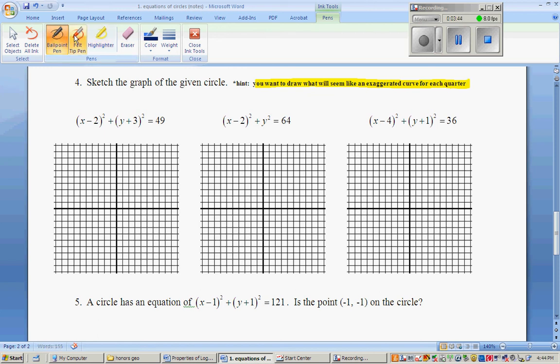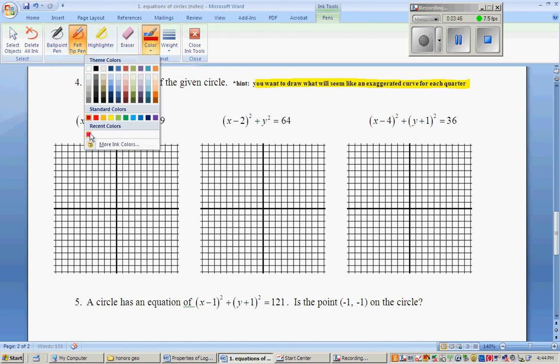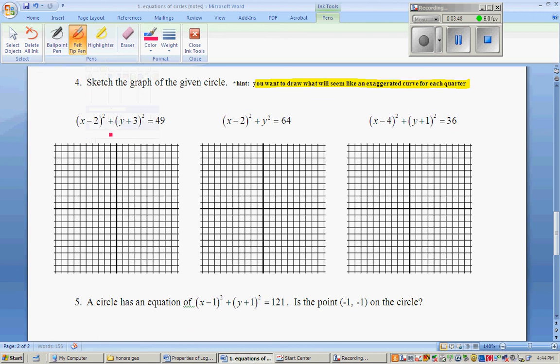So I'm going to use a thicker line. We're going to pluck out the center, which is at 2, negative 3. The radius is 7. So we're going to go to 2, negative 3. Put a good dot there. And now you're going to go out in the 4 cardinal directions, north, south, east, and west. I'm going to go 7 spots this way. 1, 2, 3, 4, 5, 6, 7. 7 backwards, 7 down, and 7 up.